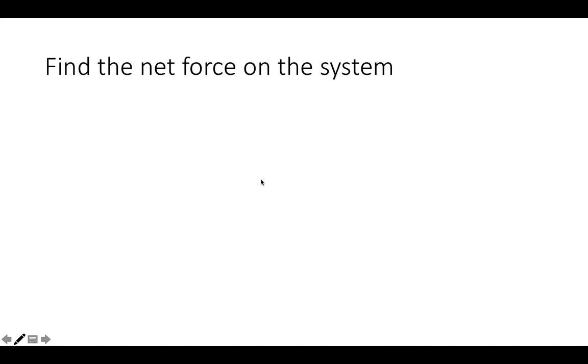Okay, next we're going to find the net force on the system. Along the direction of motion, we can find the forces that are acting. So again, we ignore the force of gravity and the normal force on the 3.8 kilogram mass.